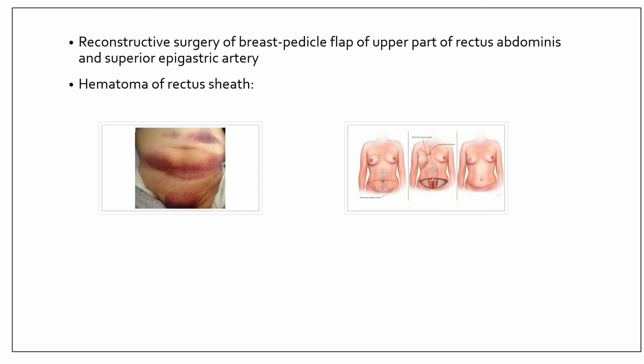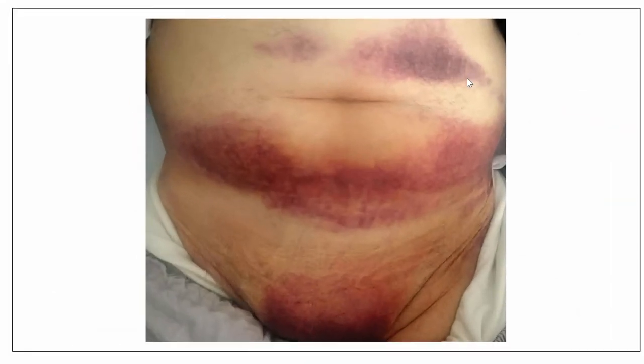Of course, when they rupture, there is accumulation of blood in the sheath. So that is called hematoma of the rectus sheath, as you can see in this picture. So this is the umbilicus, and here is the hematoma. The normal clinical presentation would be a midline abdominal pain and a tender mass which is confined to one rectus sheath.